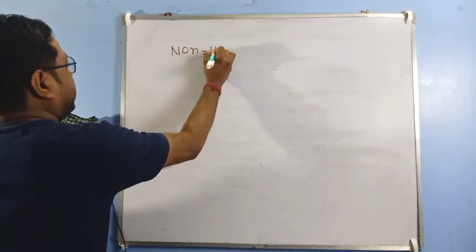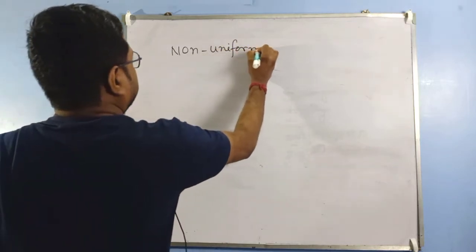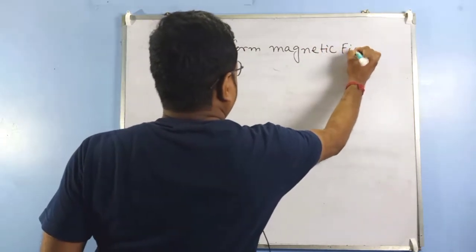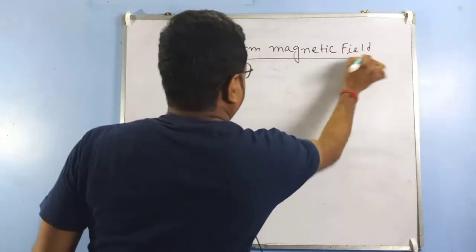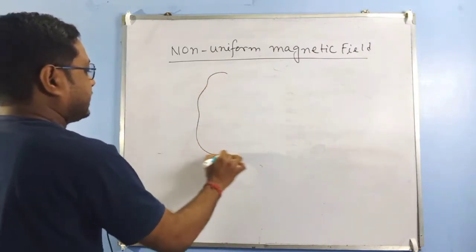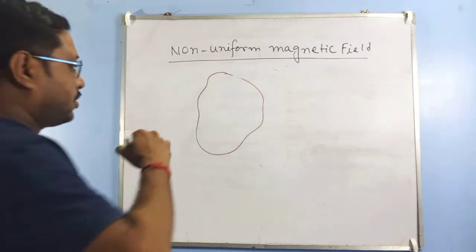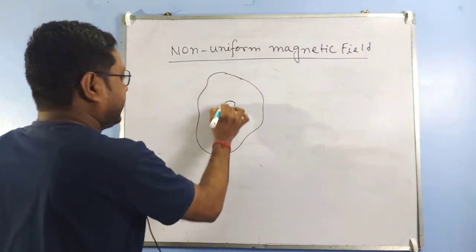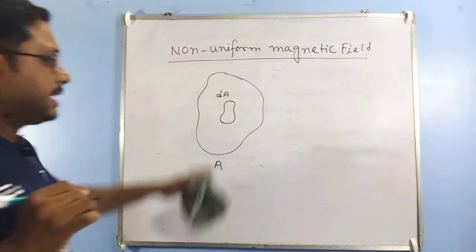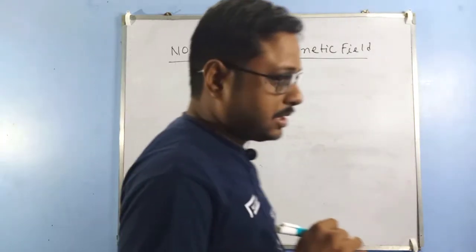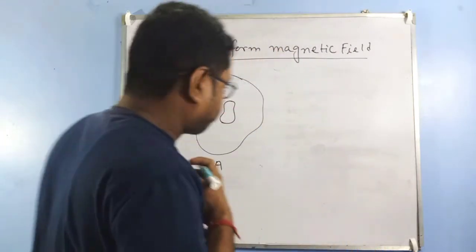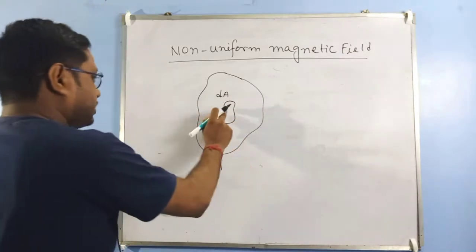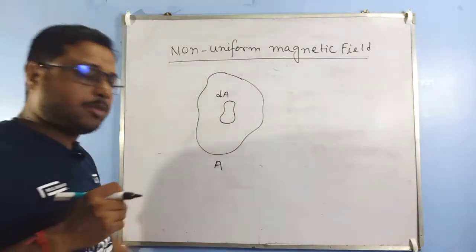So for a non-uniform magnetic field, let us consider a surface A. Now, if we take a small element dA of this surface, then it can be assumed as uniform. The whole surface is not uniform, but a small element is considered uniform as it is very small.